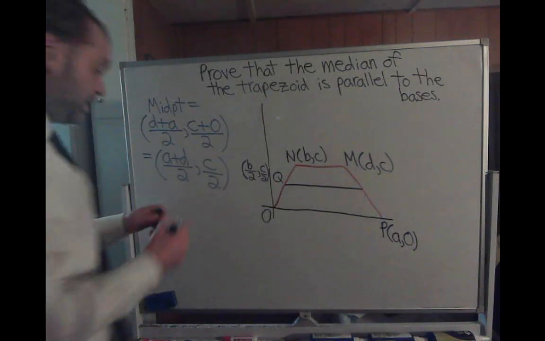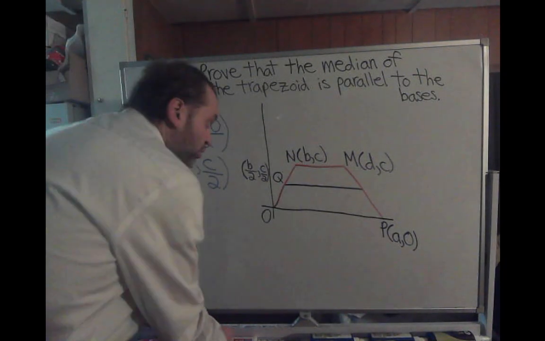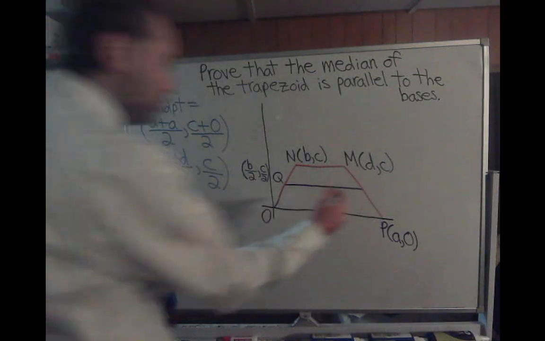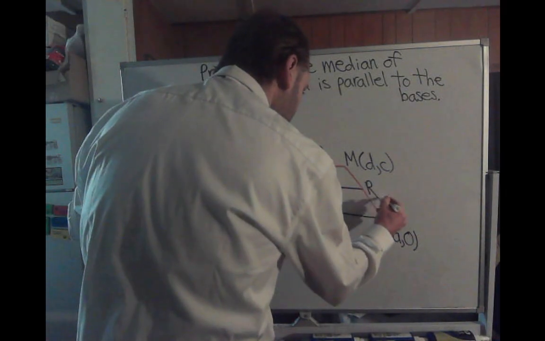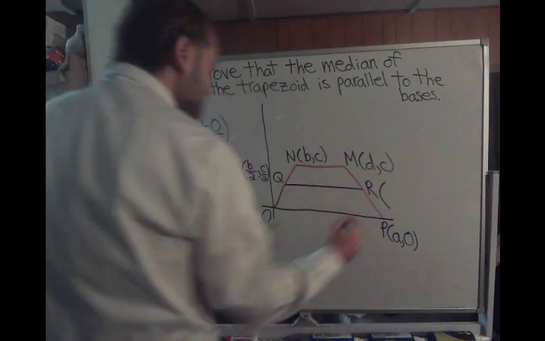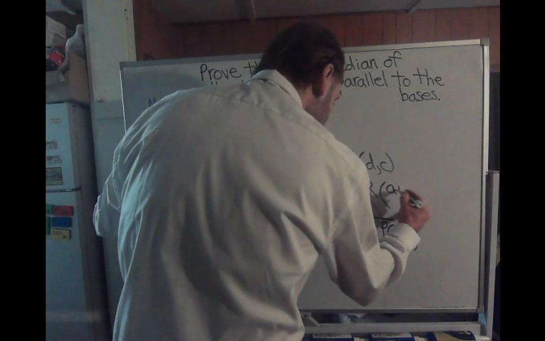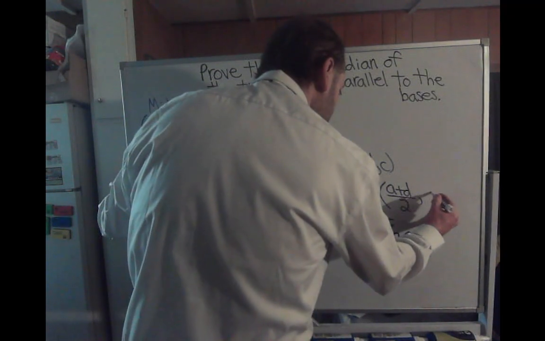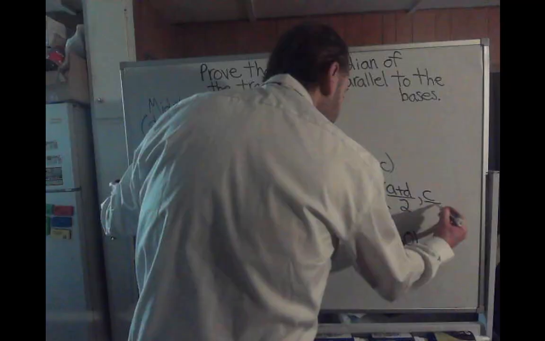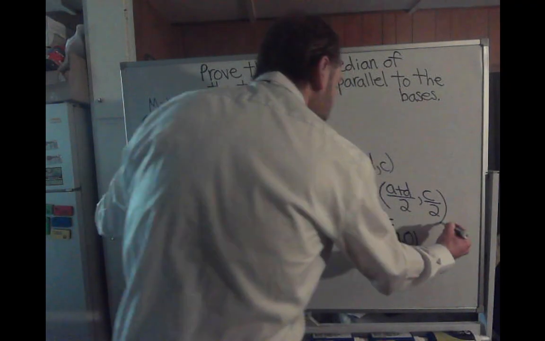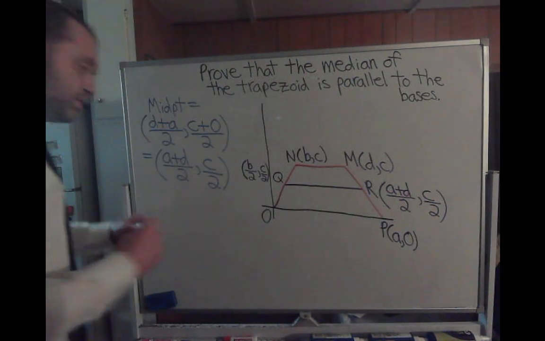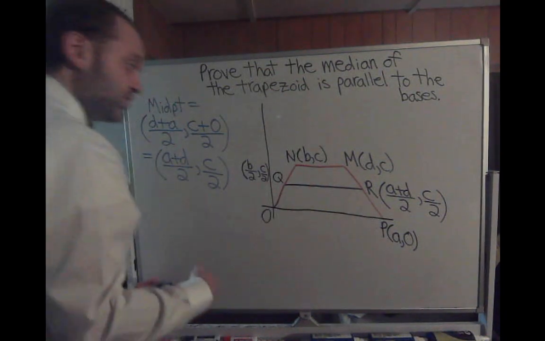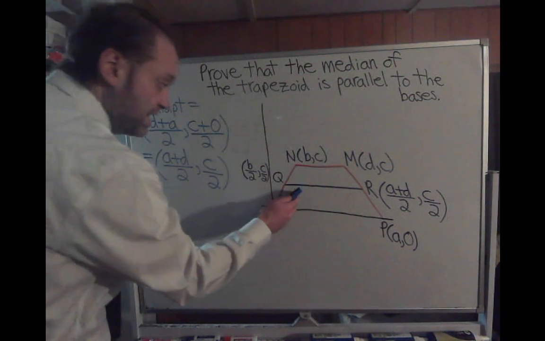Okay, so now why don't we put the midpoint of MP here? We'll call this point R. It'll have the coordinate A plus D all over 2, and then C over 2 for the y coordinate. So now we found the coordinates of the midpoints of each of the legs, which will give us the median.